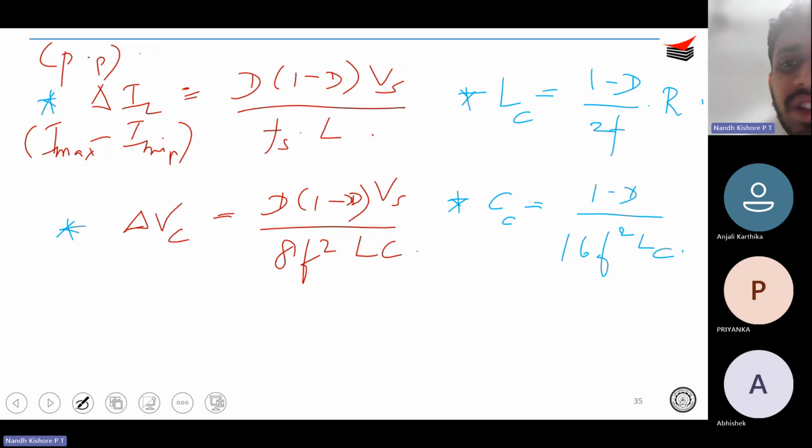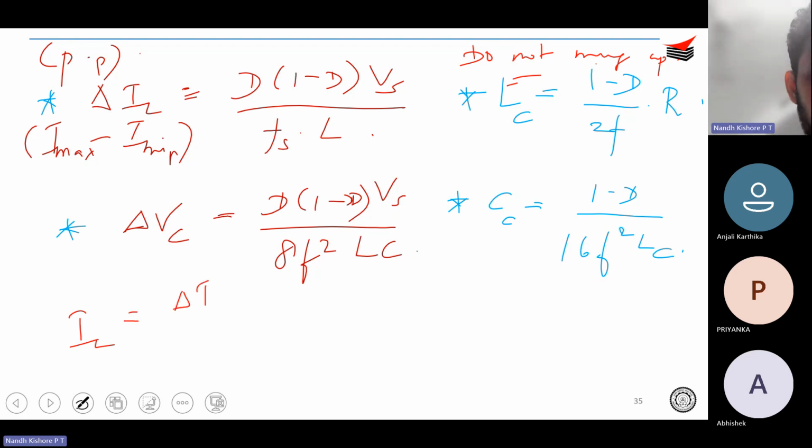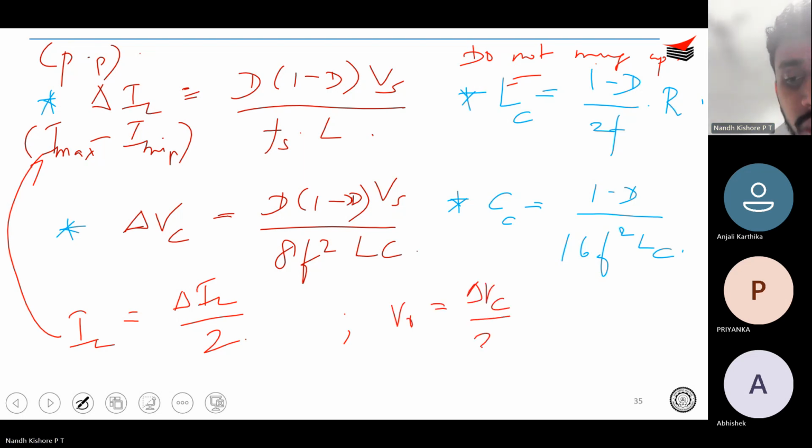So guys, I will urge you not to mug up these formulae. Do not mug up. Okay. I'm just writing, but do not mug up. Just understand, if it is critical conduction, you know that IL is equal to delta IL by 2. Use this relation over here. You get the answer. Correct? IL equal to delta IL by 2. Simple, right? Or similarly, V naught is equal to delta Vc by 2. Okay, use the relation, you get the answer.